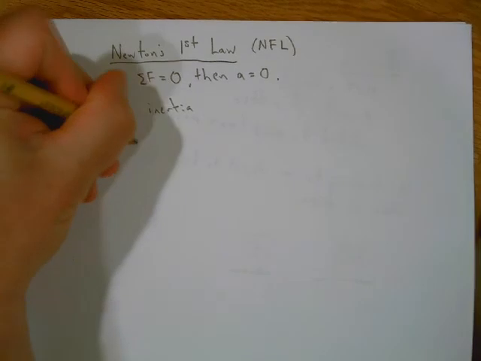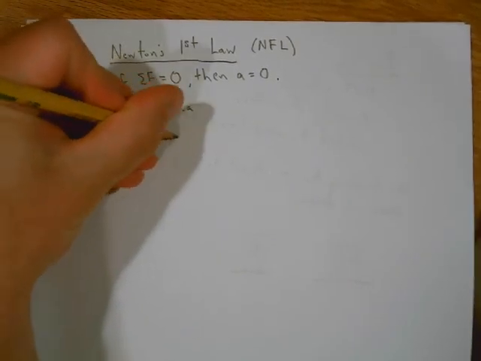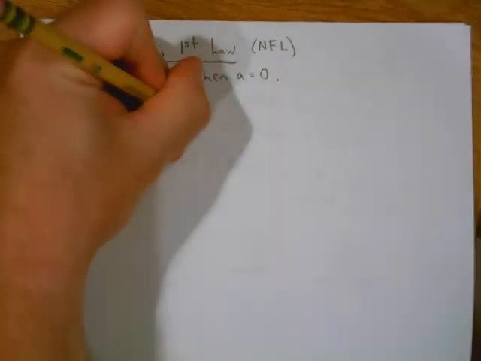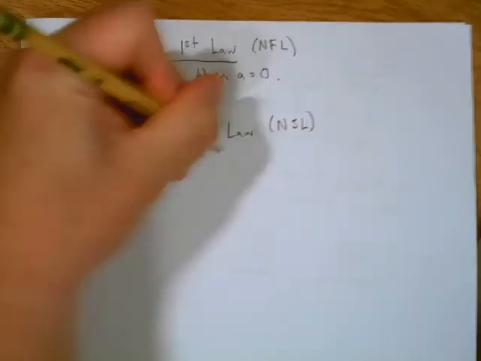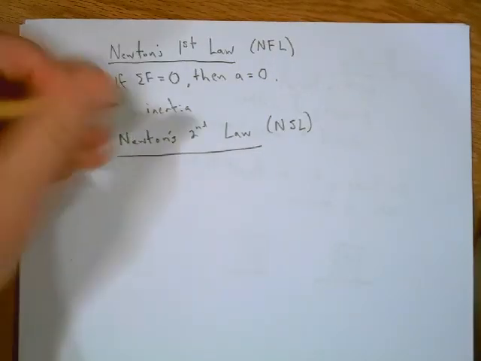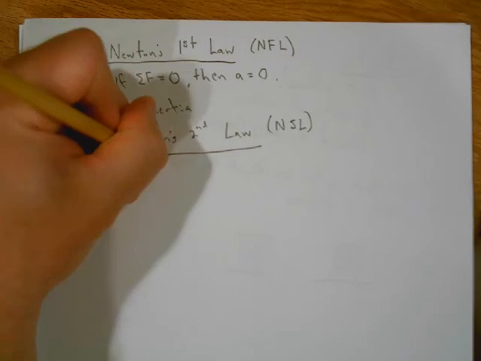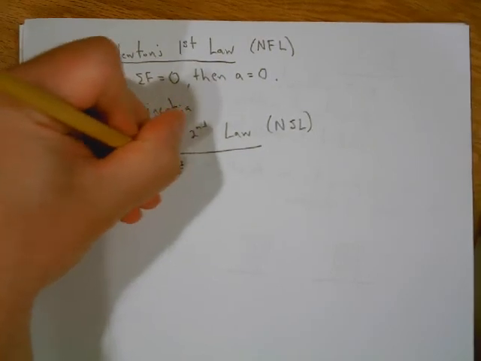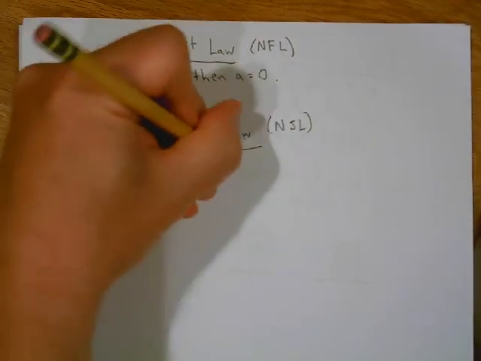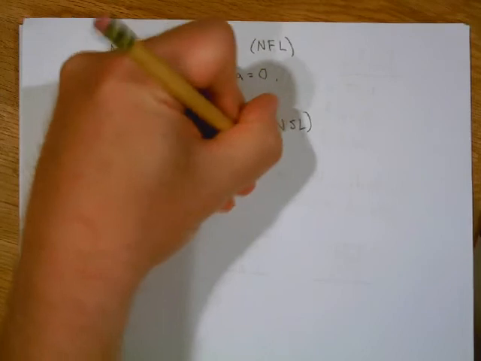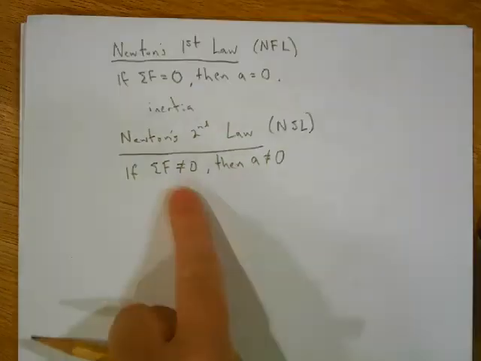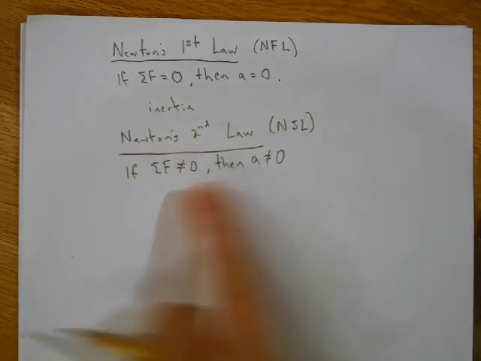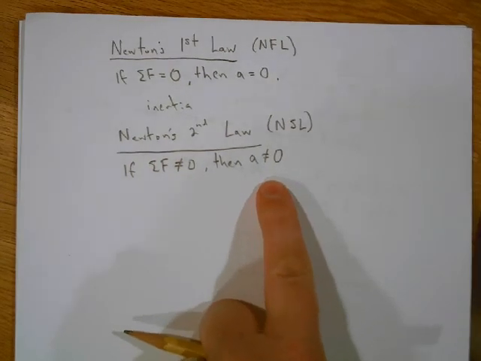Remember, at least what we had so far was this. With Newton's second law, essentially we just said, if you add all the forces up and you don't get 0, then your object will accelerate. So if you add all the forces up and you get a net force, that means you're going to accelerate.